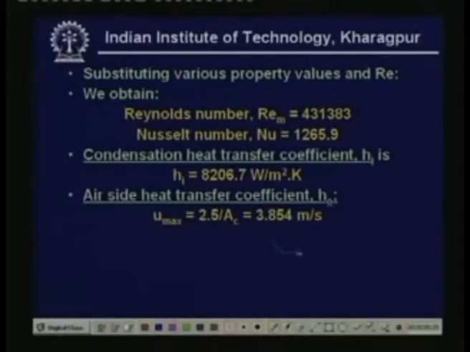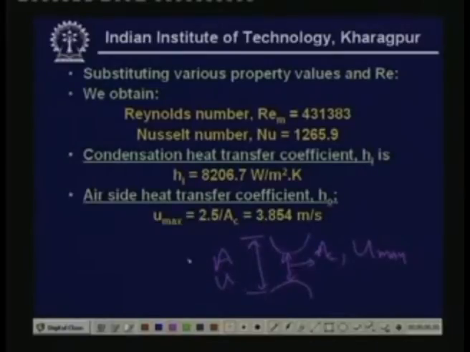Let us say that you have two tubes here, and this is the minimum flow area AC. At this point the velocity is u max, right? And let us say this is the face. At the face you have the face area between two tubes, and you also know the face velocity.